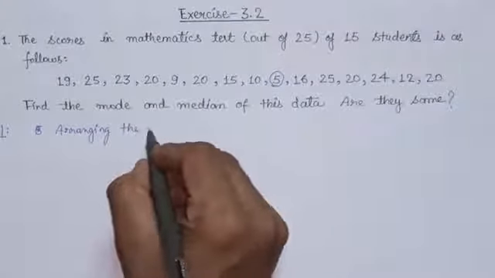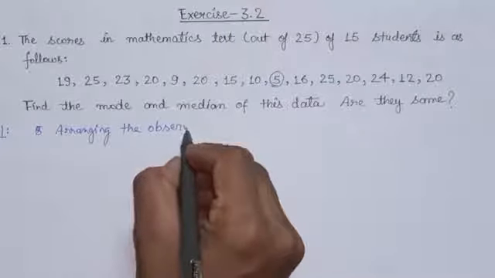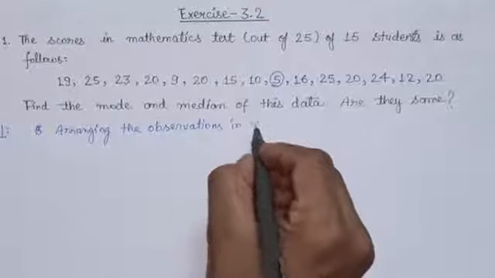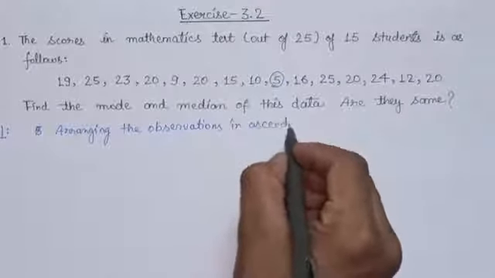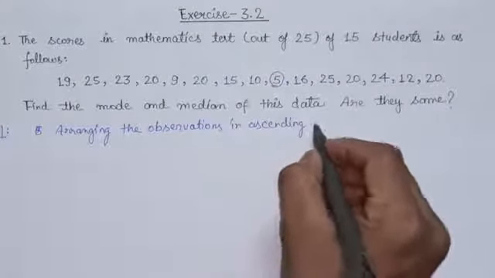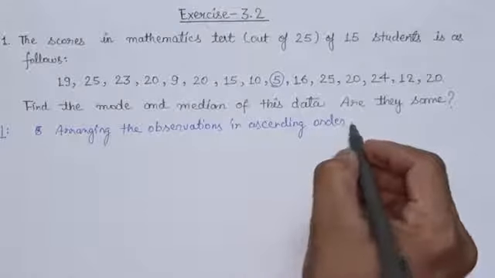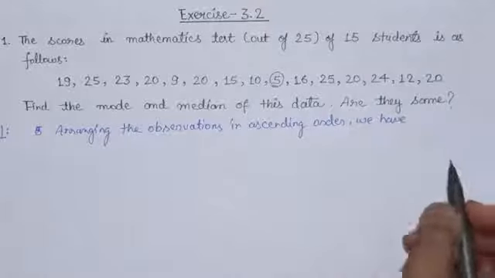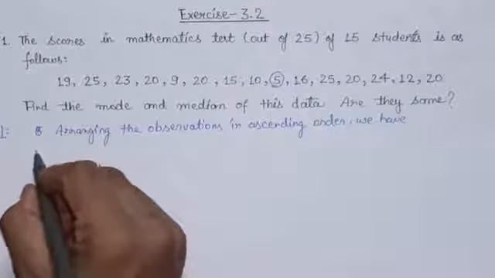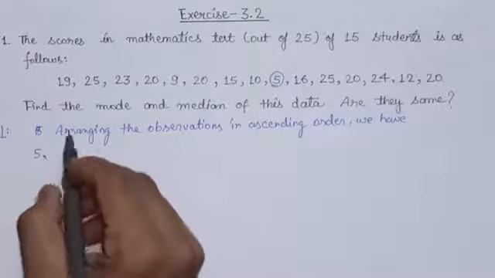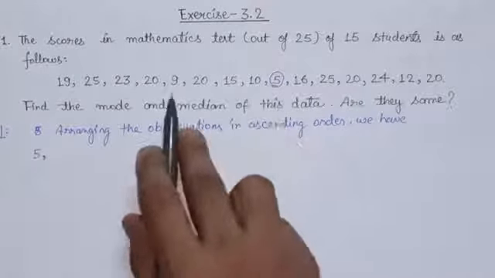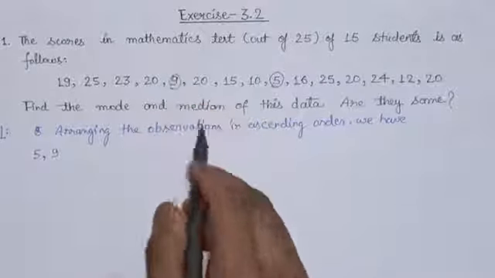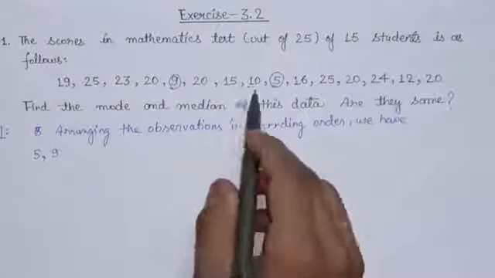Arranging the observations in ascending order, we have: first 5, after that 9, so 5 and 9 are done, and after that it comes 10.